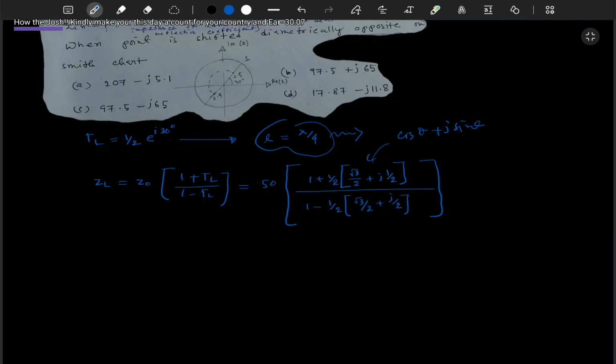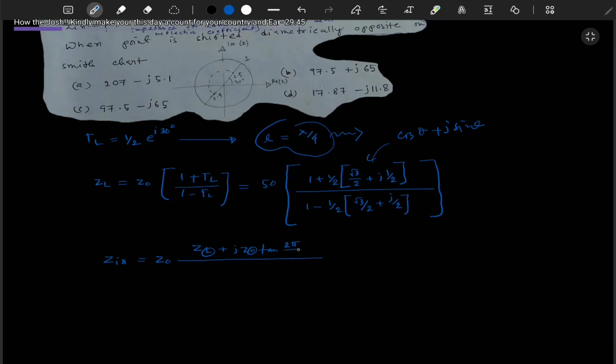So this is there. Another formula is Zin equal to Z0 times (ZL plus jZ0 tan βl) by (Z0 plus jZL tan βl). Like that you can remember the formula.